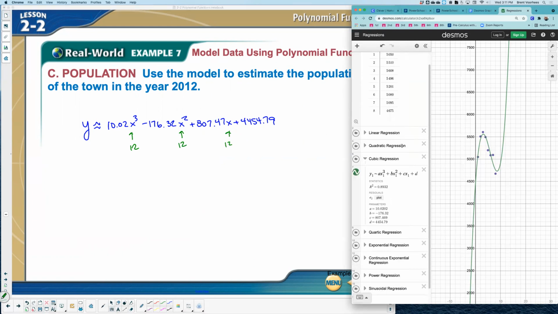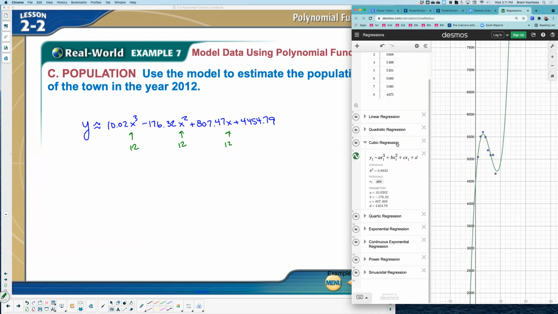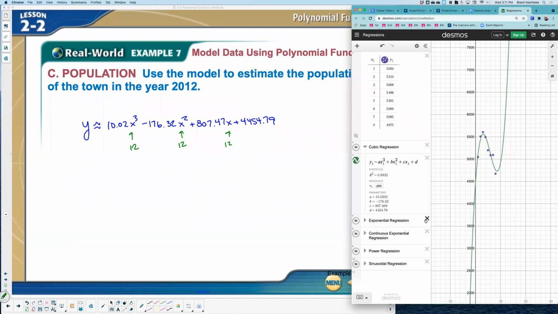That would be if I totally X out the other regressions. You've got to get rid of every other regression other than the cubic you're using. If I eliminated all of these, I could just type this in and use the letter A. So now the calculator knows what A is.